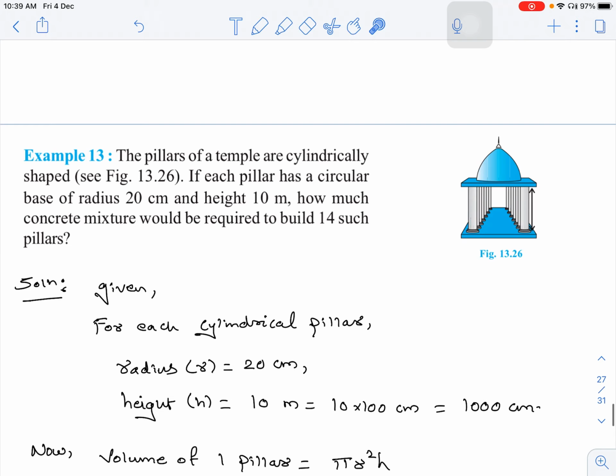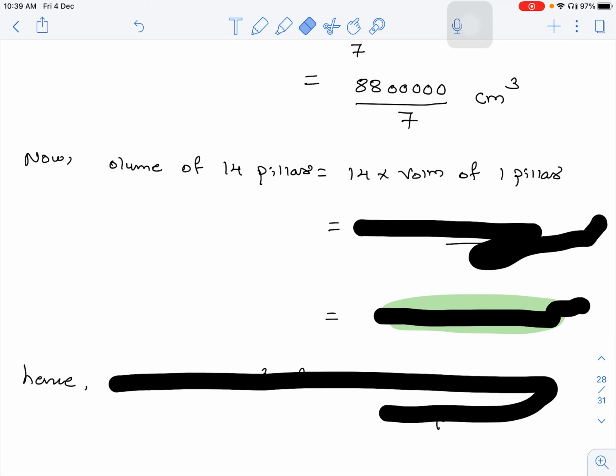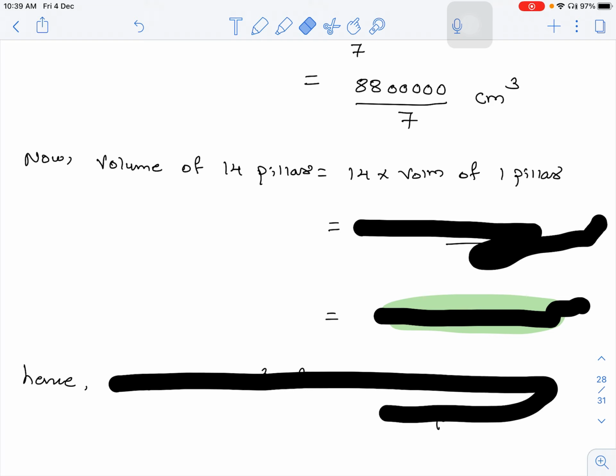Just like this, how many pillars are there? It is given that there are 14 pillars. So now we have to find the volume of 14 pillars. Volume of 14 pillars will equal 14 multiplied by volume of one pillar. We have this value over here, the volume of one pillar.